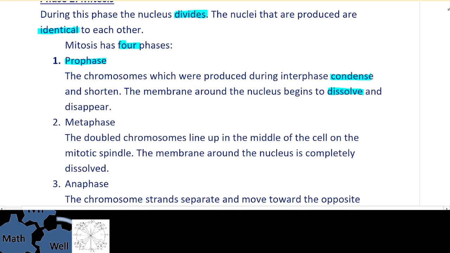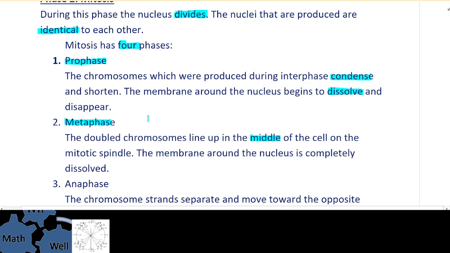Metaphase. Okay, the doubled chromosomes line up in the middle of the cell. So we've duplicated some chromosomes, and they now are lining up in the middle of the cell, on the mitotic spindle.